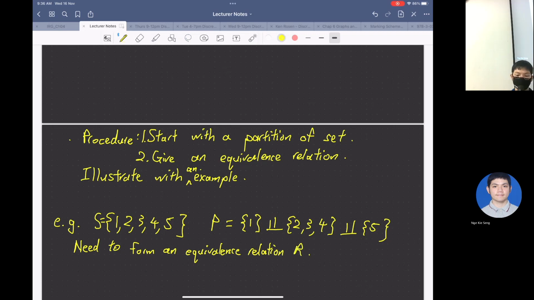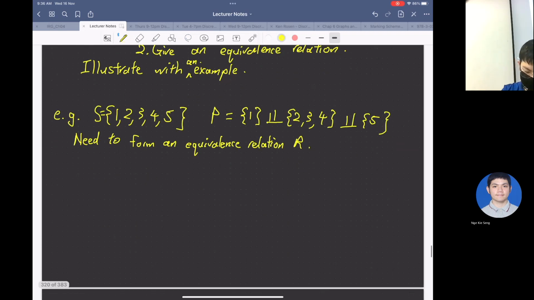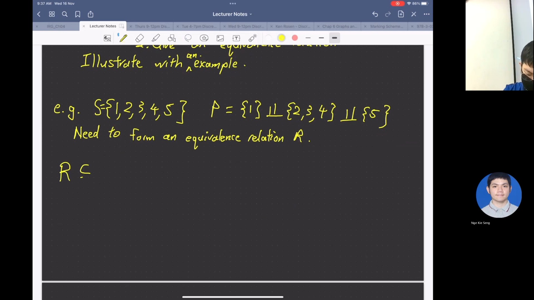So remember what an equivalence relation is? A binary relation from X to X, and it is reflexive, symmetric, and transitive. So 4 of these. R is a subset of X cross X. Let's form this R then.